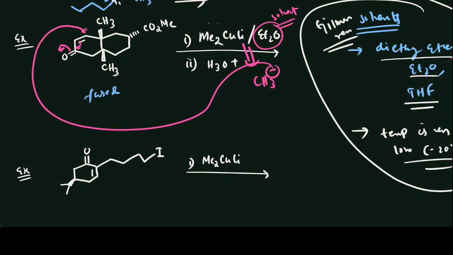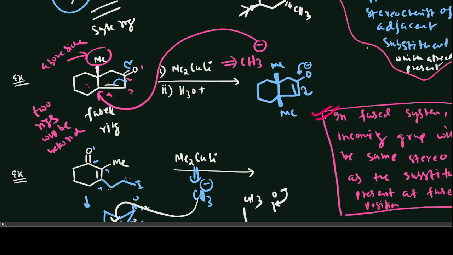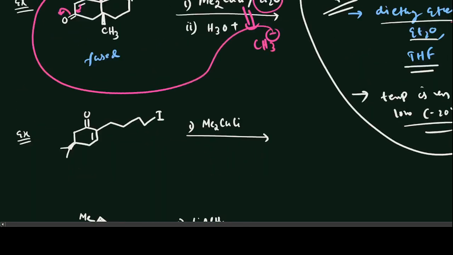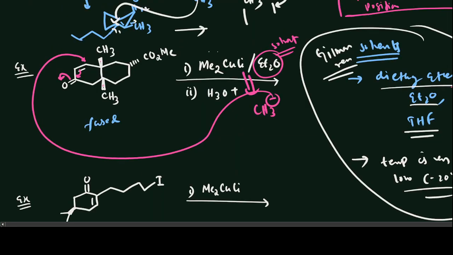But now what you see here is that this already makes it. So what I told you in the previous class, if you are attacking in this fused system, then we will look at the next one. But now since here and here these two are on the above side, it means that this will be on the below side.